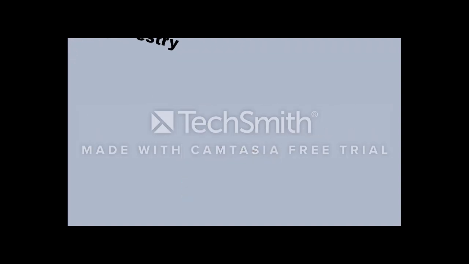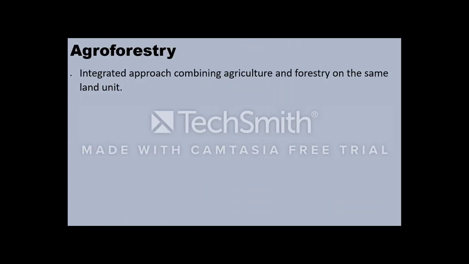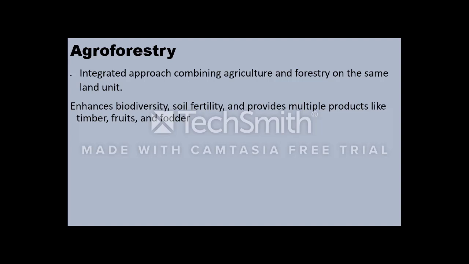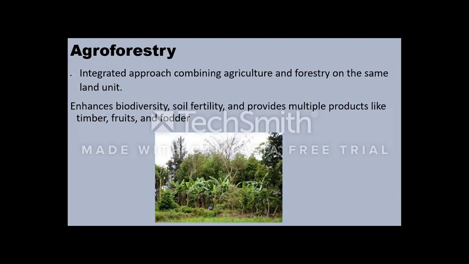So agroforestry also is another one, and it involves an integrated approach of combining agriculture and forestry on the same land unit. So in the forest, the distance between one tree and the other is usually large, such that the space in between can also be used to cultivate other crops. That is agroforestry.